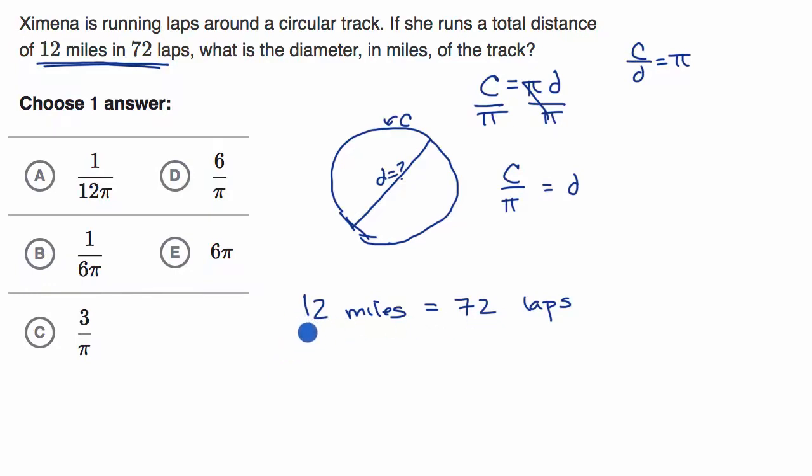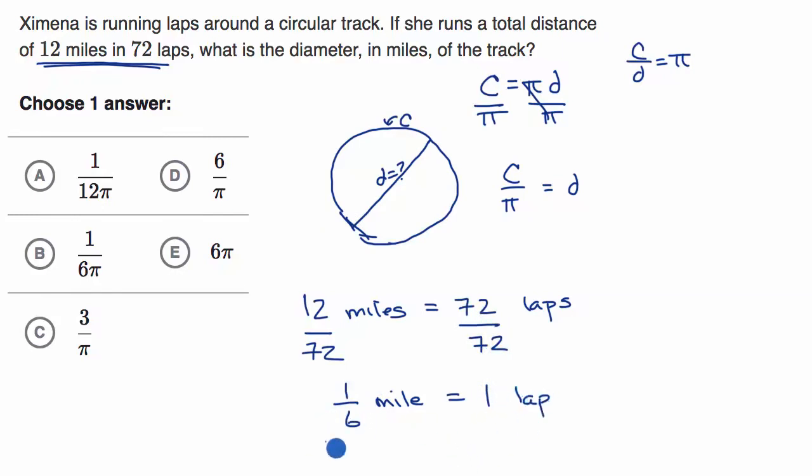Because if we divide both sides by 72, on the left-hand side, 12 over 72, well, that's the same thing as 1 over 6. 12 divided by 12 is 1, 72 divided by 12 is 6. So we could say 1/6 of a mile is equal to 72 over 72. That's why we divided by 72. It's equal to 1 lap.